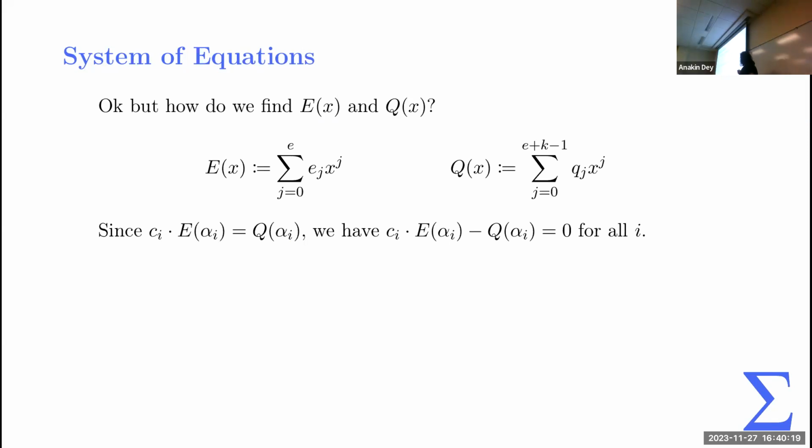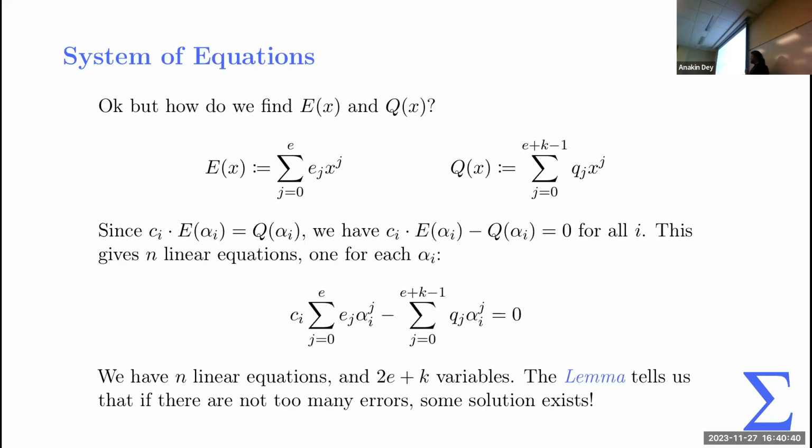So what are polynomials? They're just summations of coefficients times some powers. And since we know that C of I times E of alpha I is equal to Q of alpha I, their difference must be 0. This gives us a bunch of linear equations. We have n linear equations, one for each I, each letter of the code word.